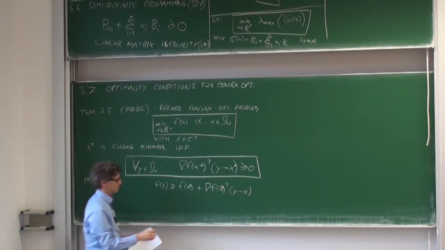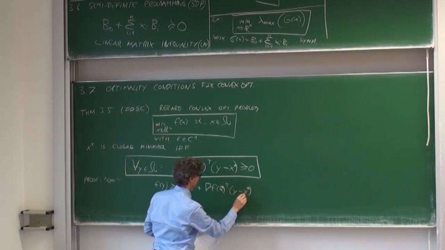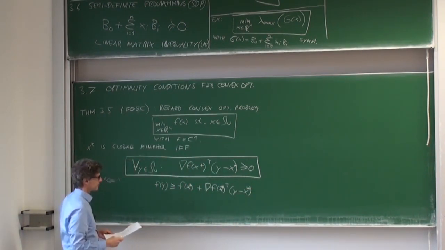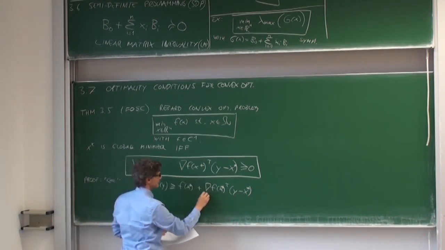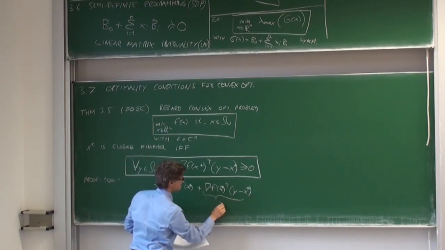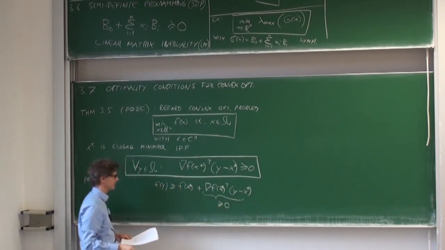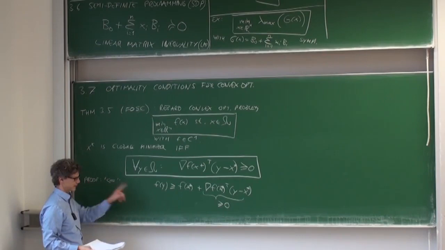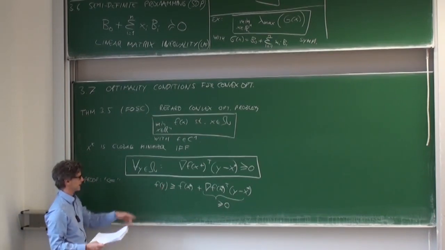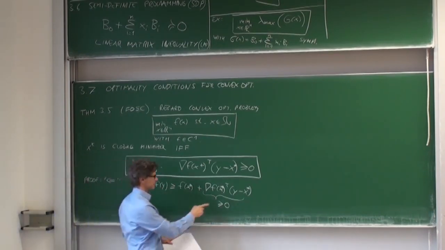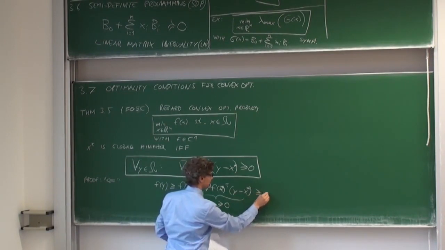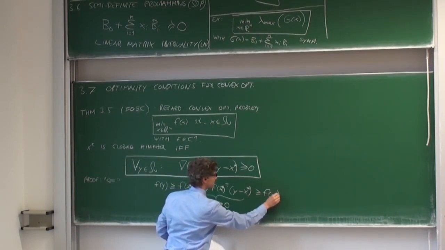x star here, and then we nearly have it, because due to our assumption, this thing will be bigger than 0 for every feasible y, so for any other feasible y, this whole thing is bigger than f of x star.